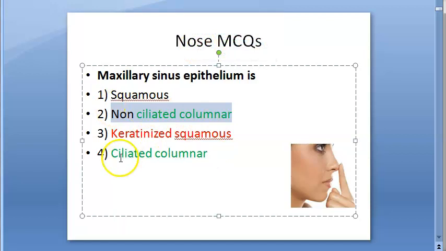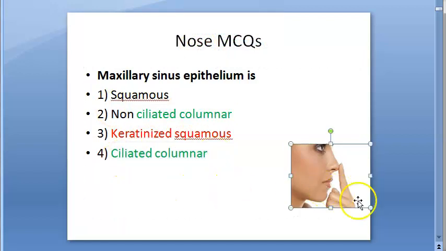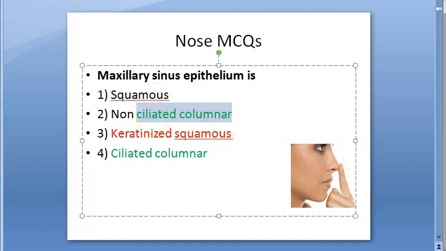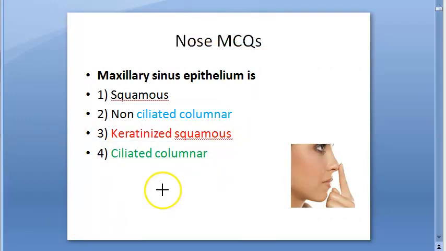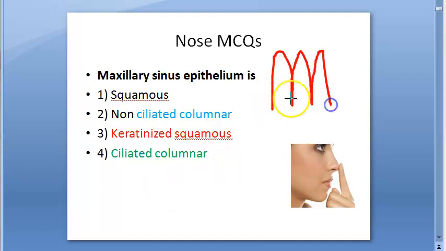So amongst these two, the answer is ciliated columnar, okay. So the answer is ciliated columnar. Okay, so it's in green. So ciliated columnar will be something like columnar, isn't it? Something like this it will be, columnar with cilia, isn't it? So this will be ciliated columnar.